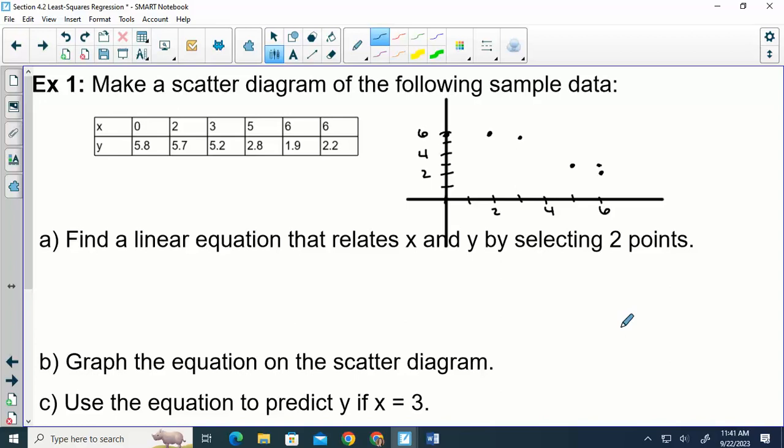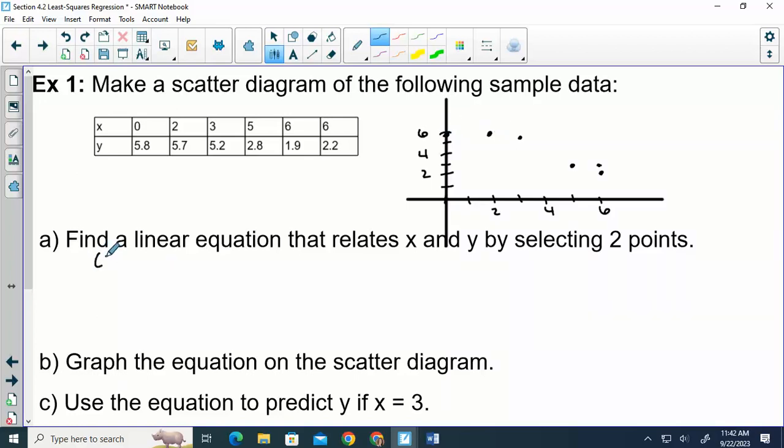If I hadn't taught you the process and I told you to find the line of best fit, you would probably try to find an equation that goes through this and uses a couple of these points, right? Now you want it to follow the general pattern. So if I were to draw a line, what might be on here? This point seems a little away from everything, so I probably wouldn't use it.